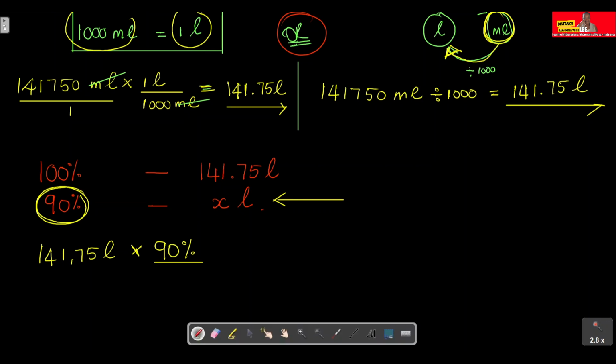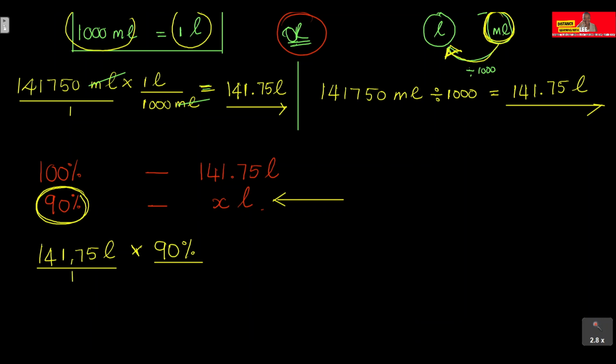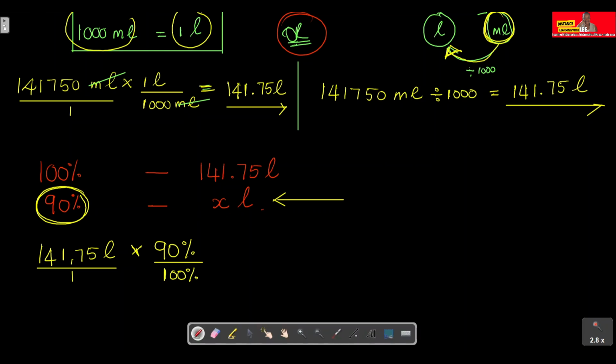What does this 141.75 represent? That represents 100% of the water that can go into our fish tank. So it's just 100%. Here you'll see that your percentages are canceling, so whatever answer you have won't be a percentage; it'll just be in units of liters.